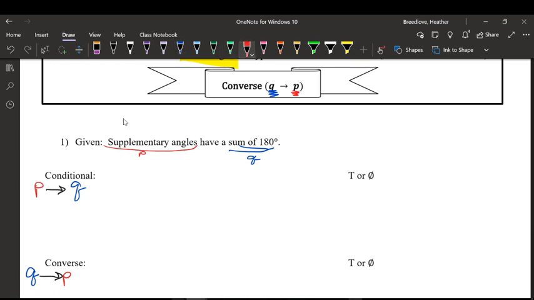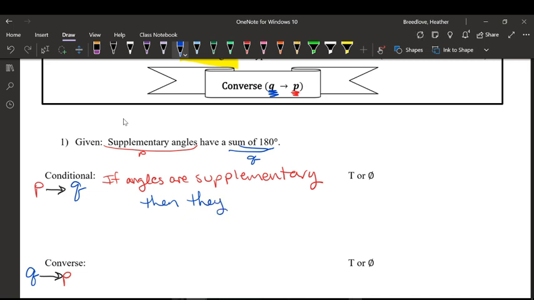All right, so again, if your words don't match mine exactly, it's okay. But I'm going to say, if angles are supplementary, then they have a sum of 180 degrees.